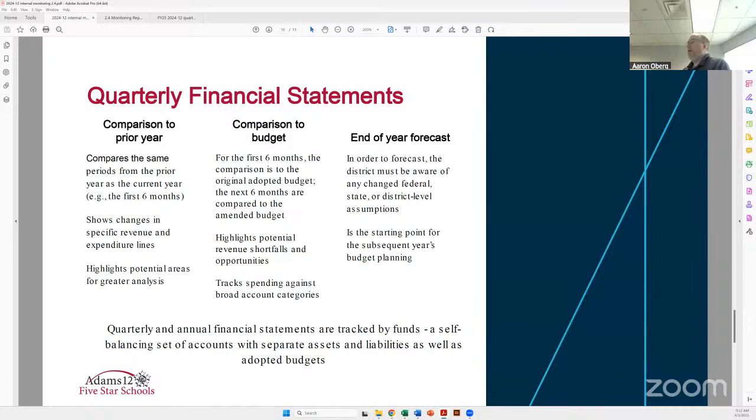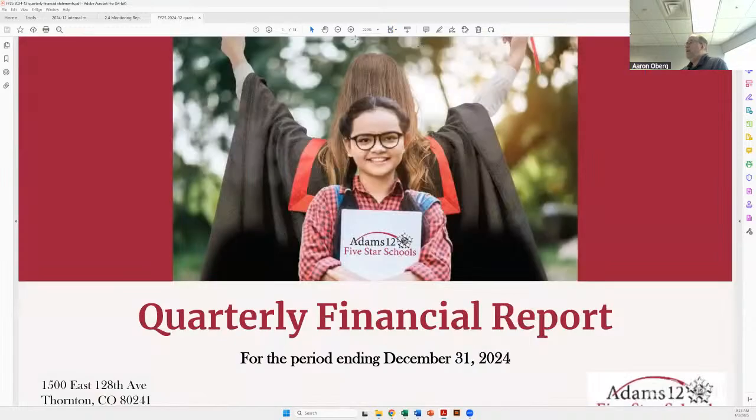Here is what we're required to do as it relates to the quarterly financial statements. We must compare to the same time period in the prior year, so year to date this year versus the same year to date in the prior year, compare it against actual, and then present an end of year forecast. That is exactly what we do.